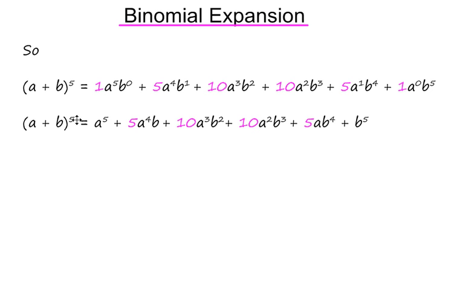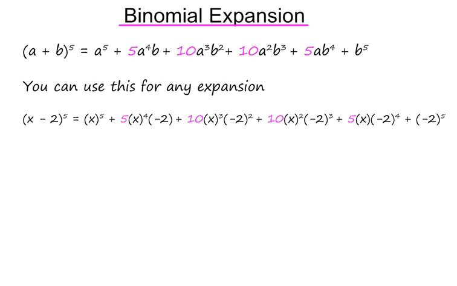So (a + b) to the power of 5 equals a to the 5 plus 5a to the power of 4 b plus 10a cubed b squared plus 10a squared b cubed plus 5a b to the power of 4 plus b to the power of 5. So we can use this expansion for any expression. So let's say instead we had (x - 2) all to the power of 5. Well, in this case, a would be x and b would be minus 2.